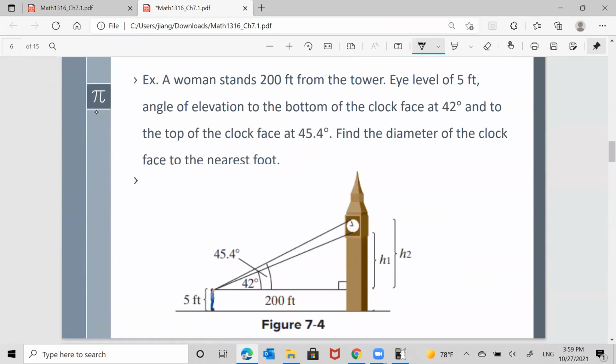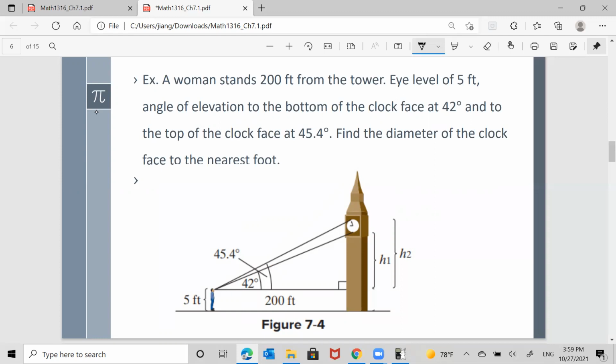A woman stands 200 feet from the tower, with an eye level of 5 feet. That means from the ground to her eyes is 5 feet.